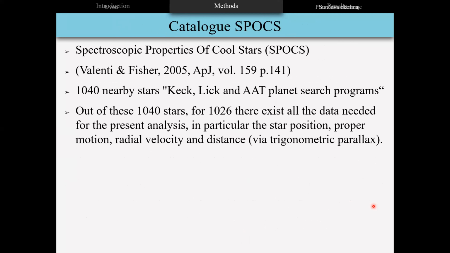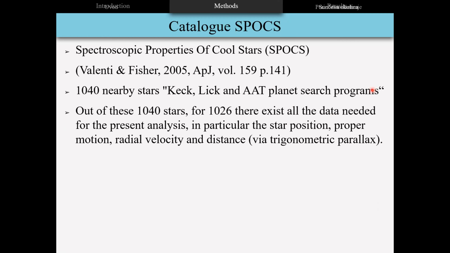This was in the first step done on one smaller catalog. It's called SPOCS, spectroscopic properties of cool stars. This catalog consists of 1,040 nearby stars, but they are observed through big telescopes, and they have very good and very reliable data. These stars were actually observed through an exoplanet search program.